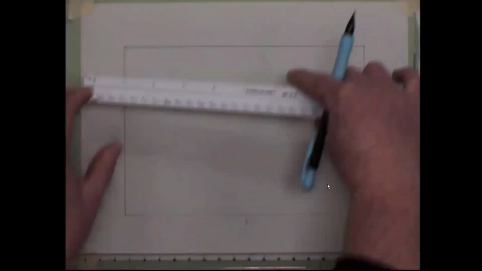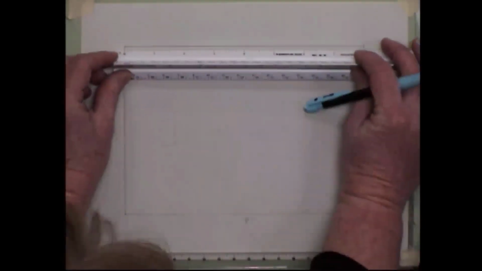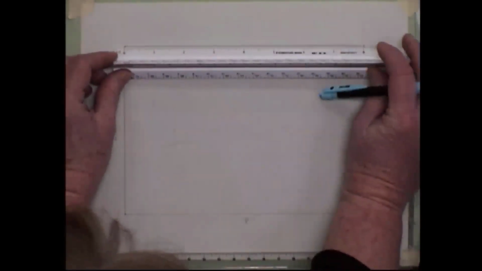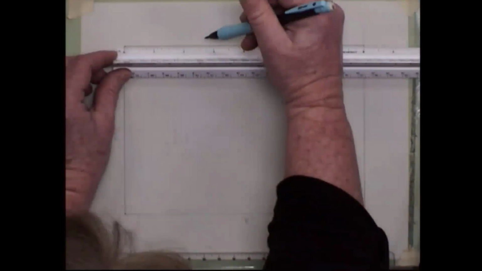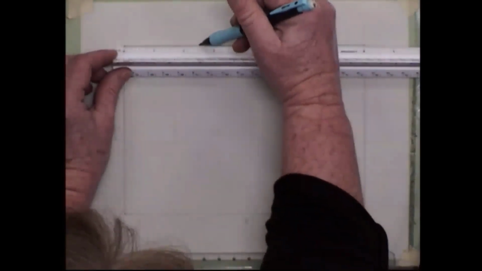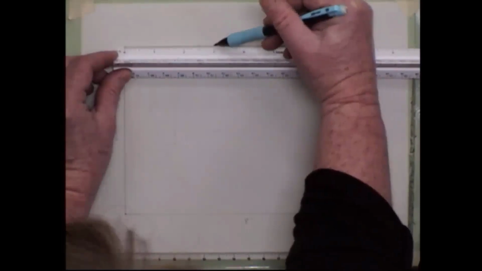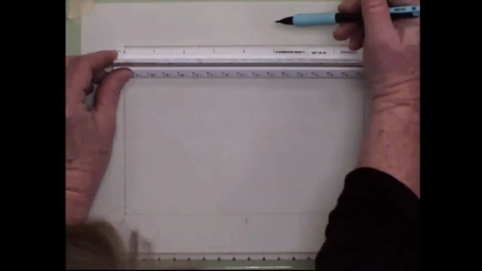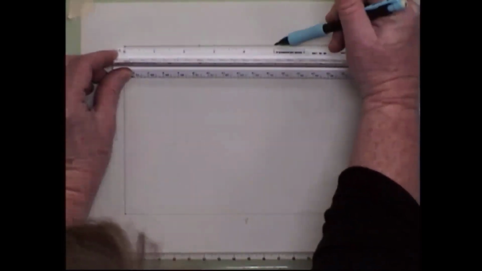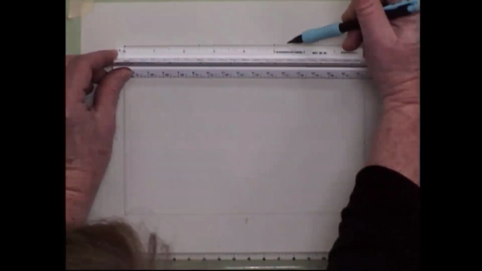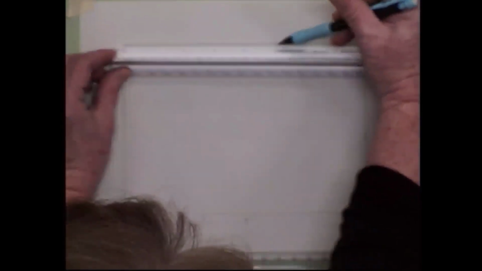So just along the top or the bottom, either one, it's going to be the same on both sides. That first dimension was 2.5. And I'm just putting little marks. And then I'm going to go a 1/2 inch. And then I'm going to go another 2. And then another 1/2 inch.